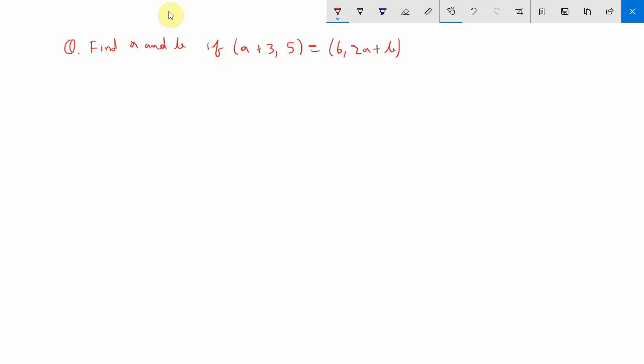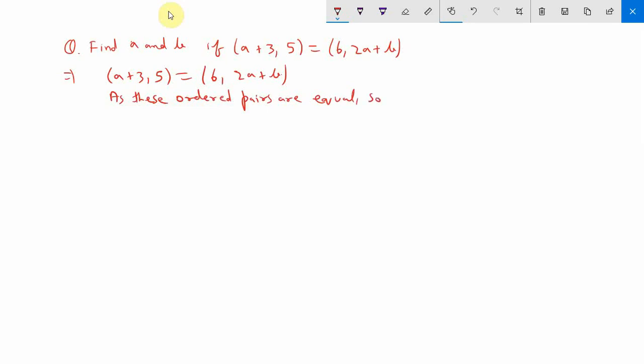So by definition of equality of ordered pairs, as these ordered pairs are equal, corresponding elements shall be equal.